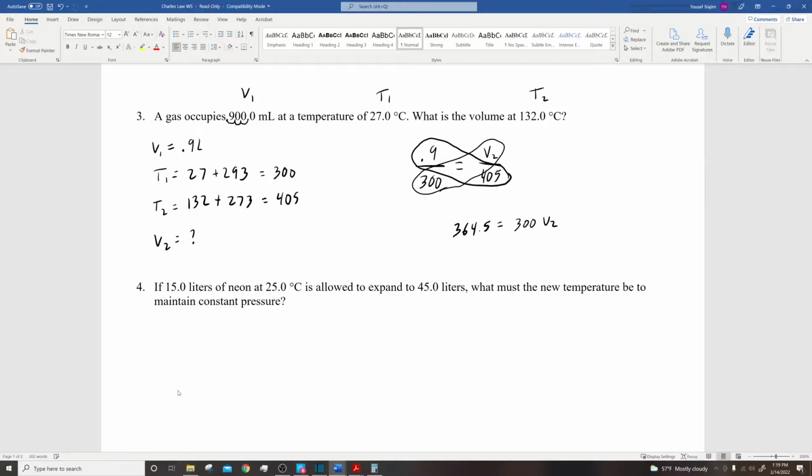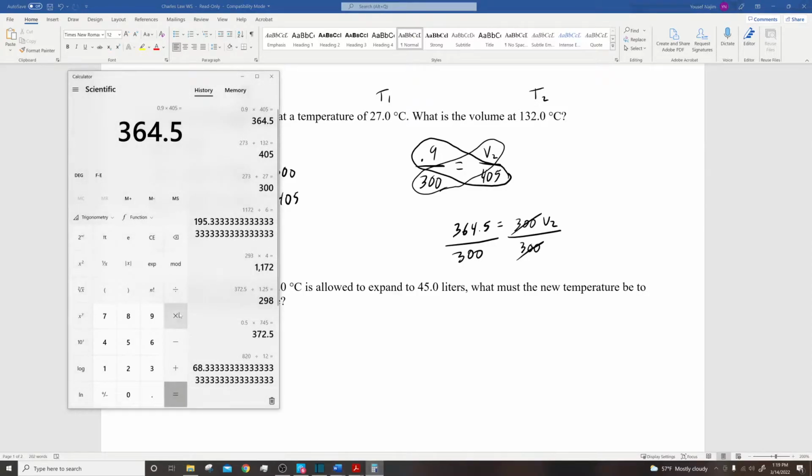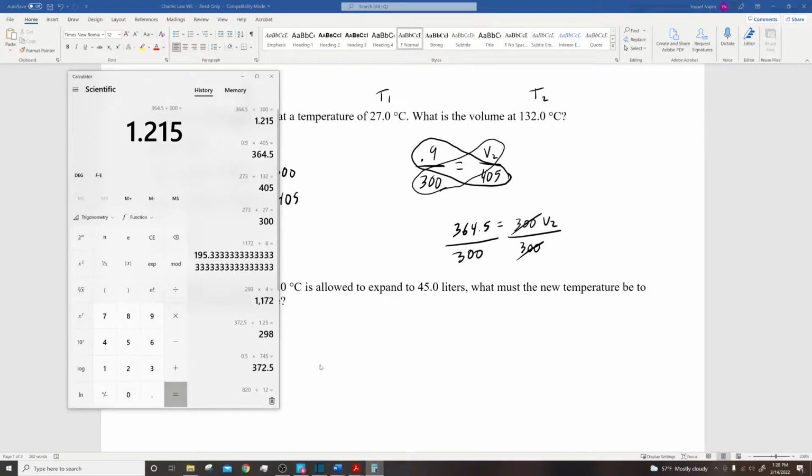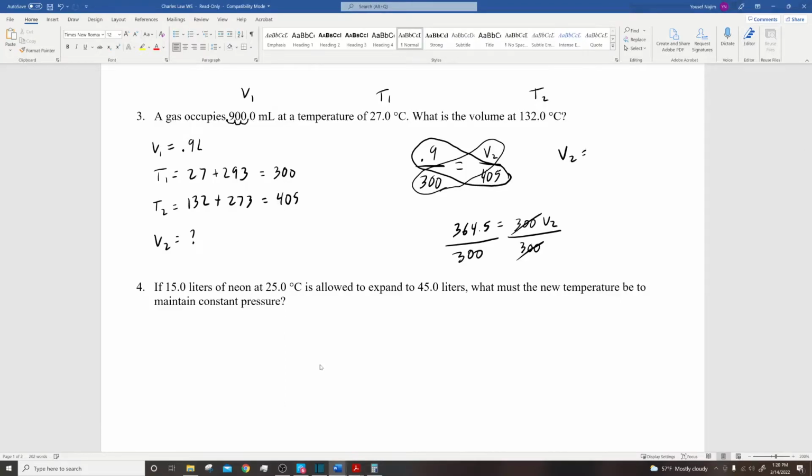And then our last step is going to be to isolate our variable. So we're going to divide both sides by 300. That's going to cancel. So V2 is going to equal 364.5 divided by 300, which equals 1.25. So V2 is equal to 1.25. And our unit for this is going to be the same thing that we put in. We put in liters, we get out liters. So, and that's it.